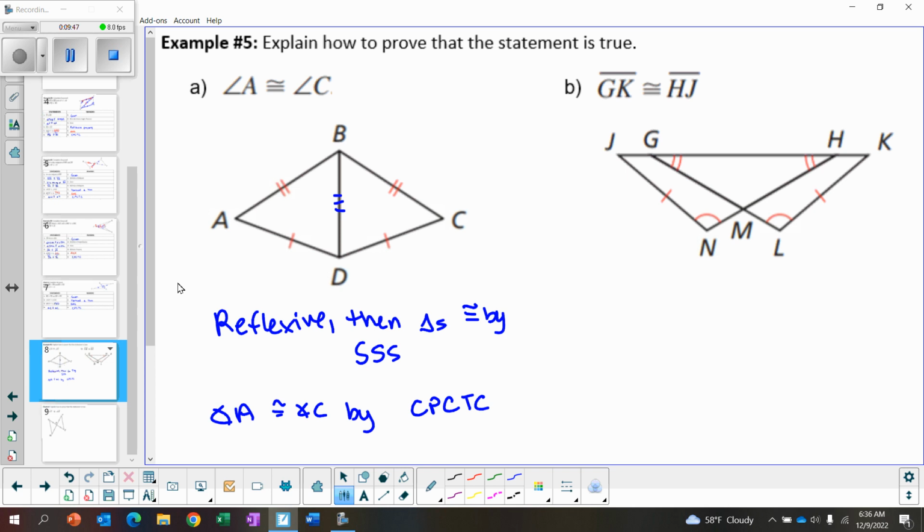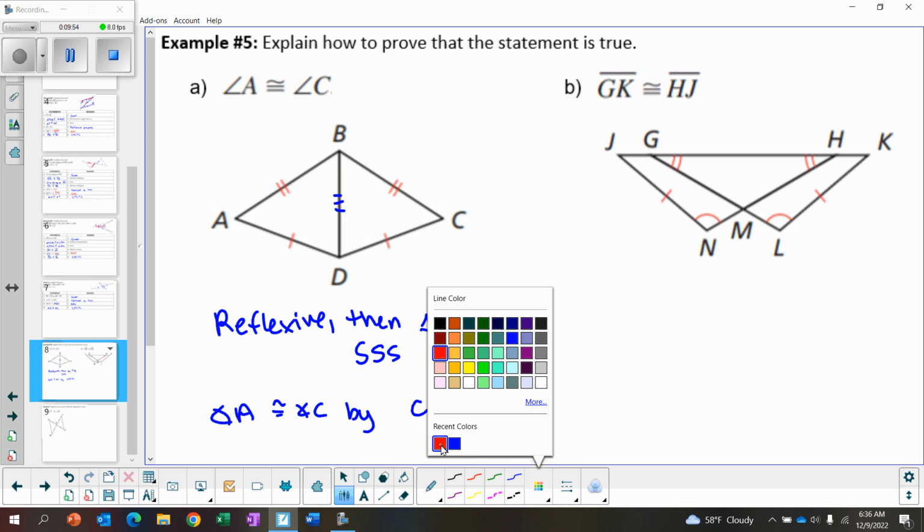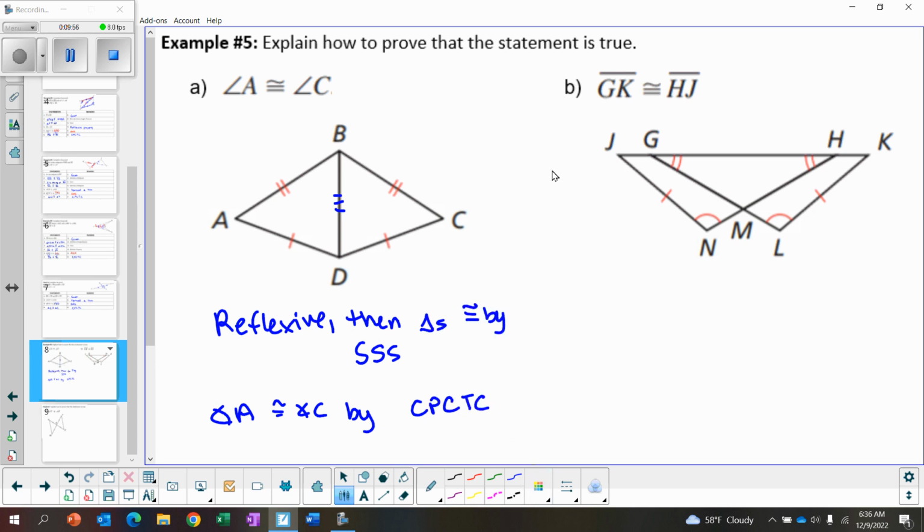So I'm really just doing a rough explanation of how we would get the triangles to be congruent, so then we can use CPCTC. So in the second one, I'm really looking at this big triangle here, which if I were to draw it separately, I have an angle up here, two angles here, and this side.